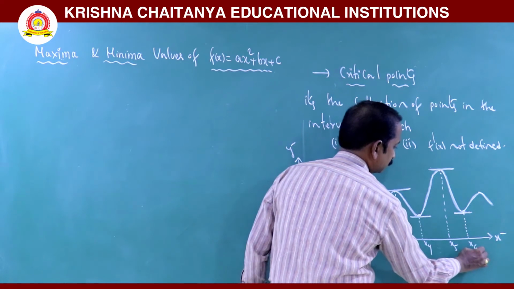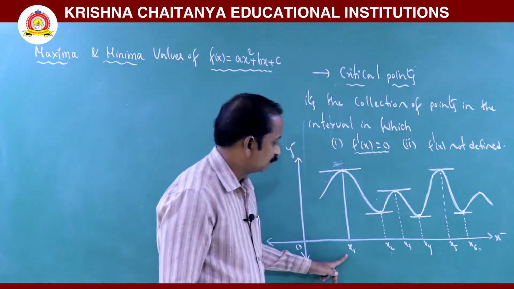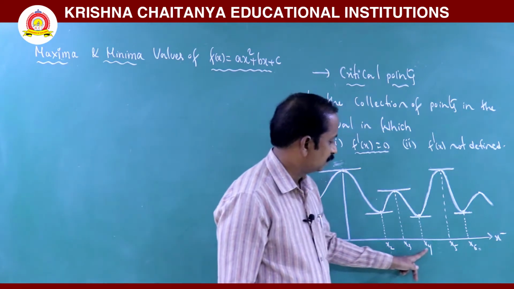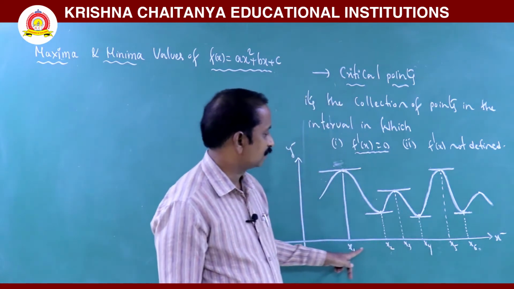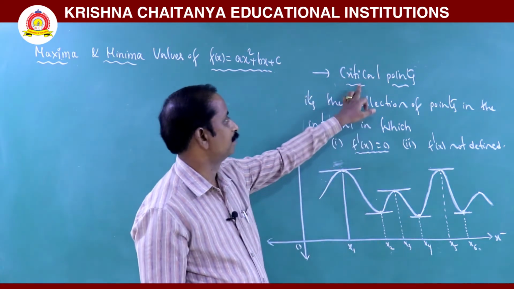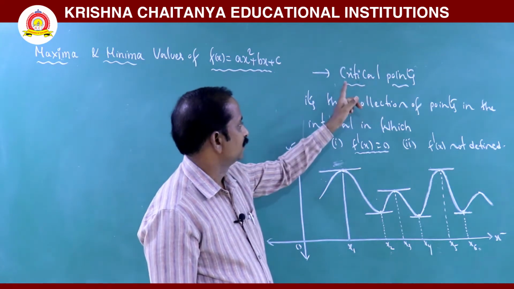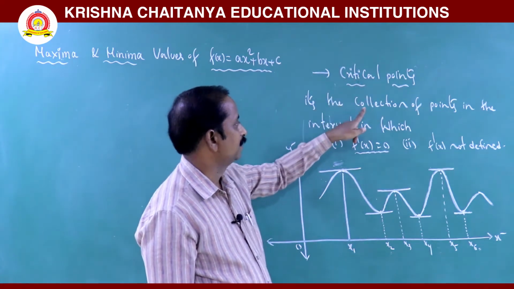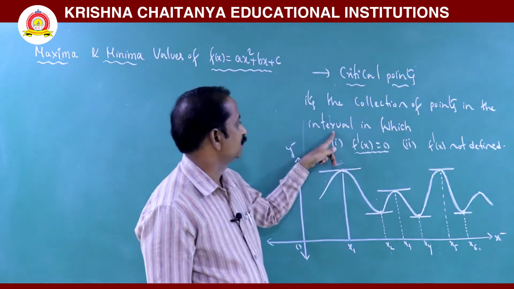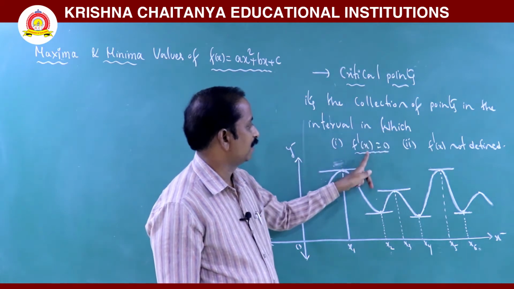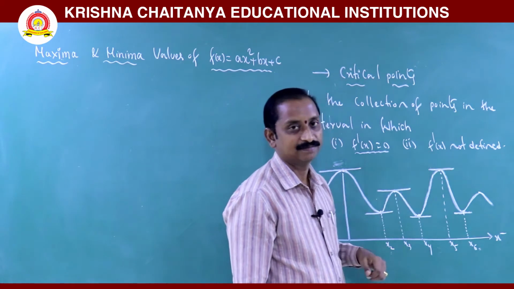Now observe x1, x2, x3, x4, x5, x6. These points are called critical points. Once again, the definition of critical points: it is the collection of points in the interval in which f dash of x is equal to 0 or f dash of x is not defined.